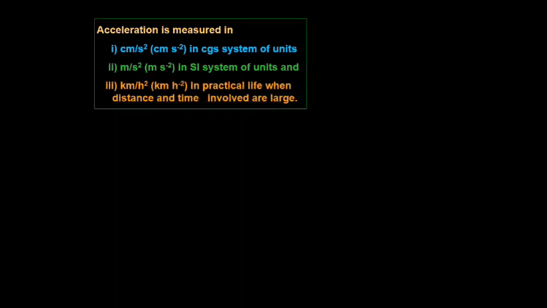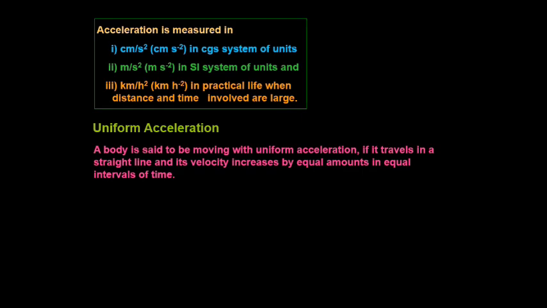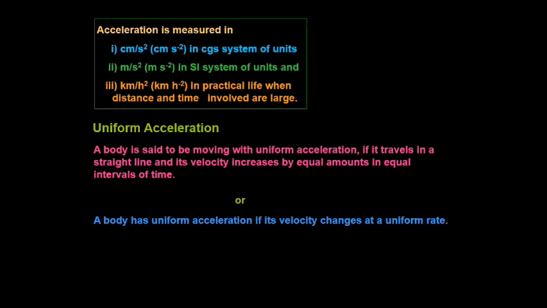Acceleration is measured in centimeter per second square, meter per second square, kilometer per hour square. Uniform acceleration, a body is said to be moving with uniform acceleration if it travels in a straight line and its velocity increases by equal amount in equal interval of time. Or a body has uniform acceleration if its velocity changes at uniform rate.